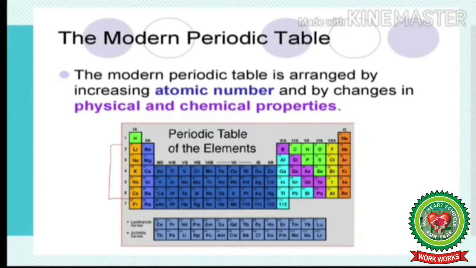Let us study the salient features of the modern periodic table. If we talk about the groups, there are 18 vertical columns called groups.